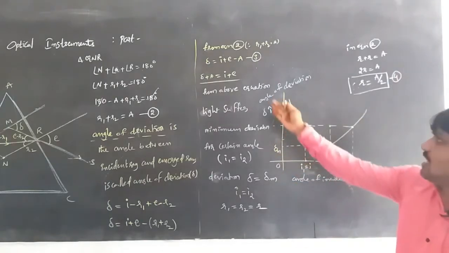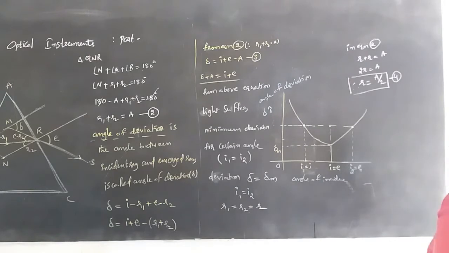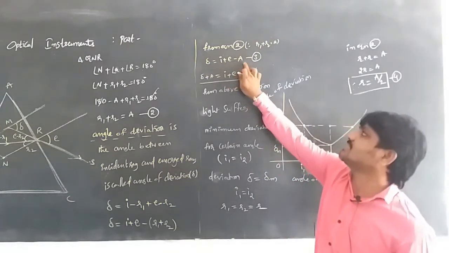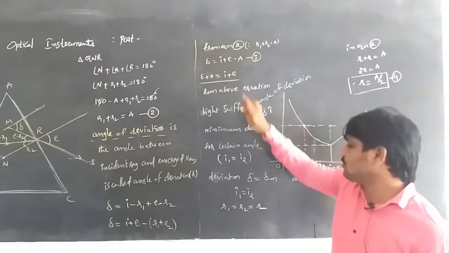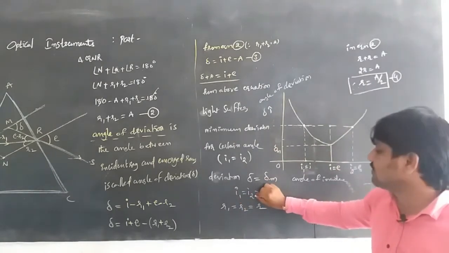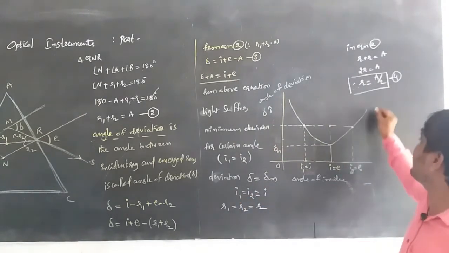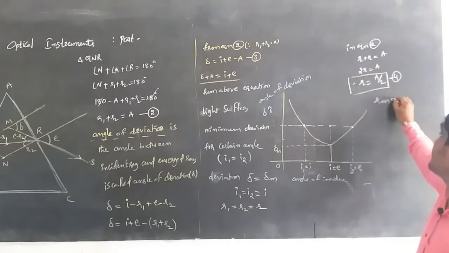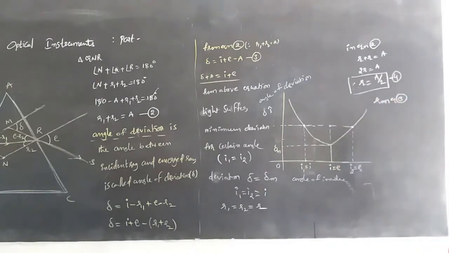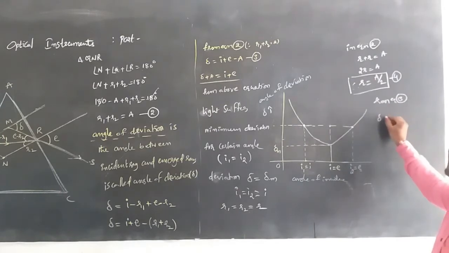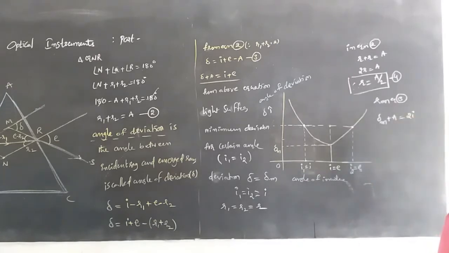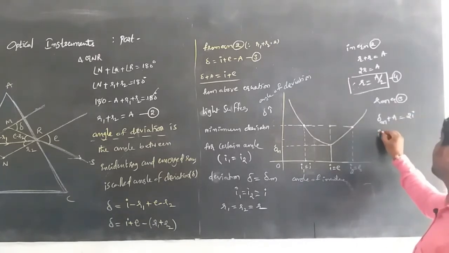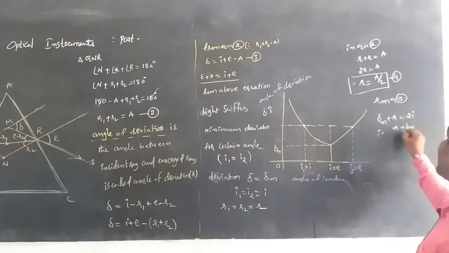Next, for the angle of incidence, we can write the deviation delta is equal to I plus E minus A. We know both are the same, I1 is equal to I2 is equal to I. From equation 3, delta m plus A is equal to 2I, then I is equal to A plus delta m by 2.